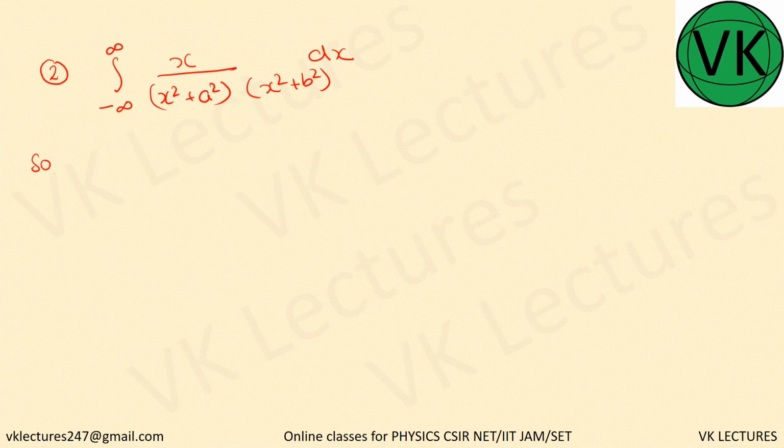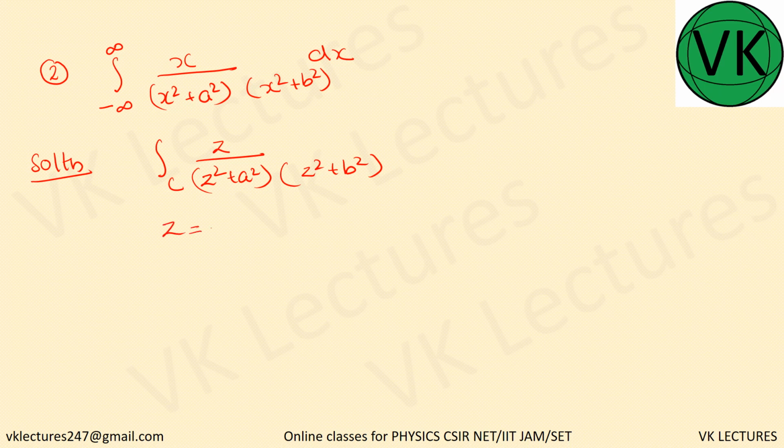So the solution of this is the integral over c of z divided by z square plus a square into z square plus b square. So z is equal to plus or minus ia and z is equal to plus or minus ib, but we are taking only the positives of these. So z is equal to plus ia and plus ib is only valid.